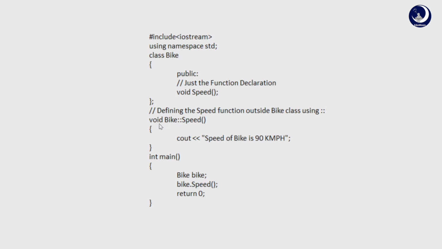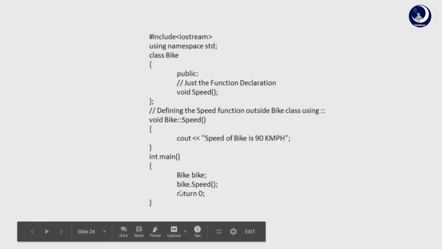Here we can see the return type, and then in between we have Bike, the class name, followed by the scope resolution operator, then the name of the method, and then the body of the method. So using the Bike object of the Bike class, when we call bike.speed, the statement speed of bike is 90 kmph will be returned.